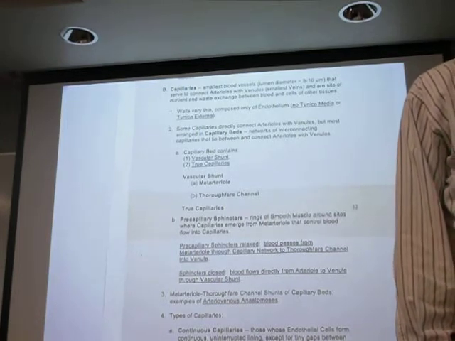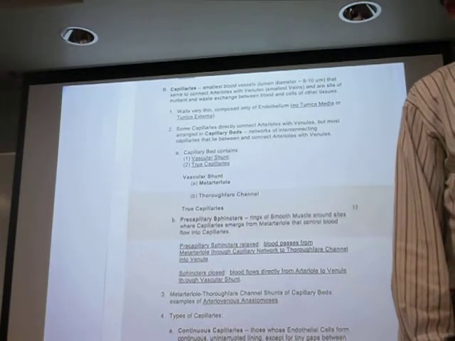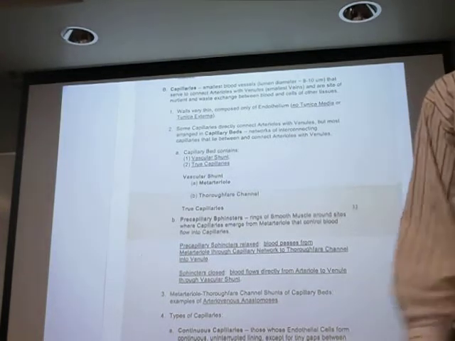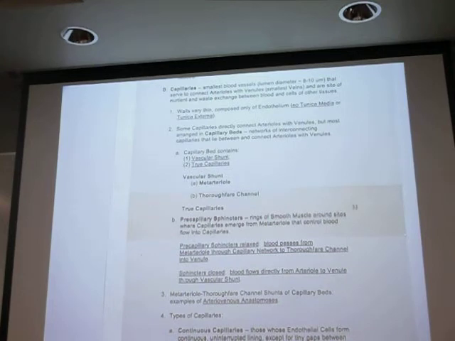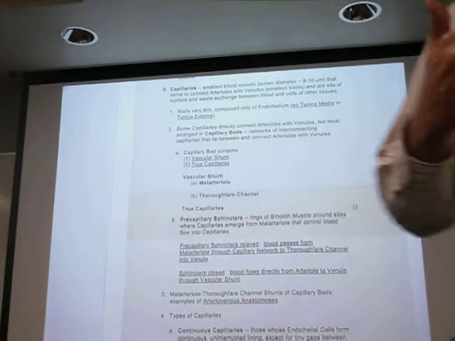Remember, it's the thoracolumbar. That's another name for sympathetic. Another name for parasympathetic is craniosacral. They use the vagus nerve, which is a cranial nerve, and sacral because they use some of the sacral spinal nerves.